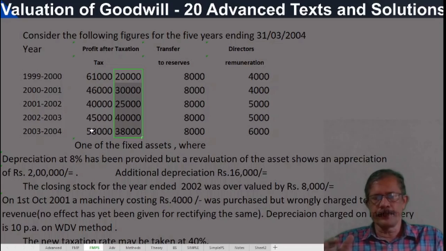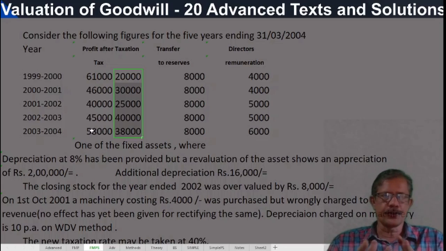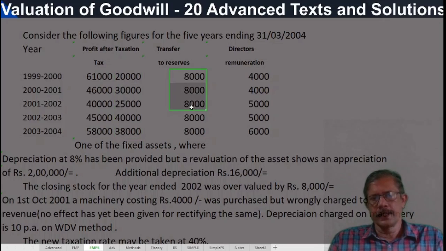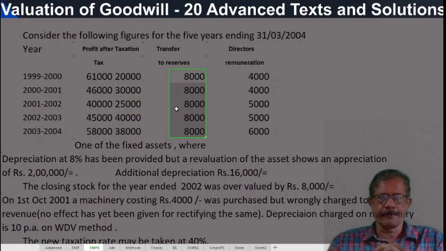To this profit before tax, all the past items are to be adjusted. Here only a few items, no? We can write it directly. Transfer to reserve is not considered because it is just an appropriation of profit. Nothing to do with the future maintainable profit.